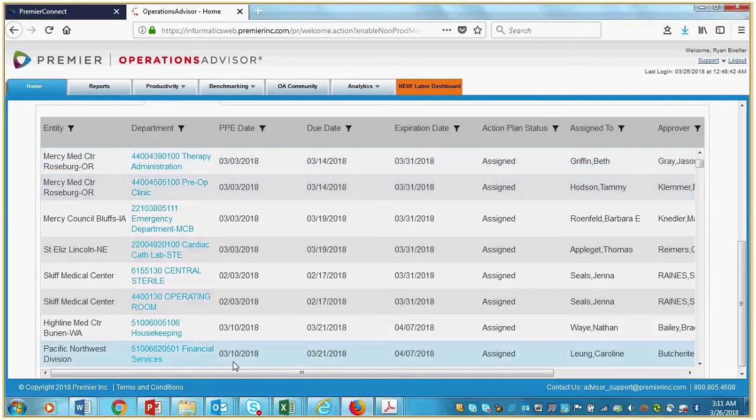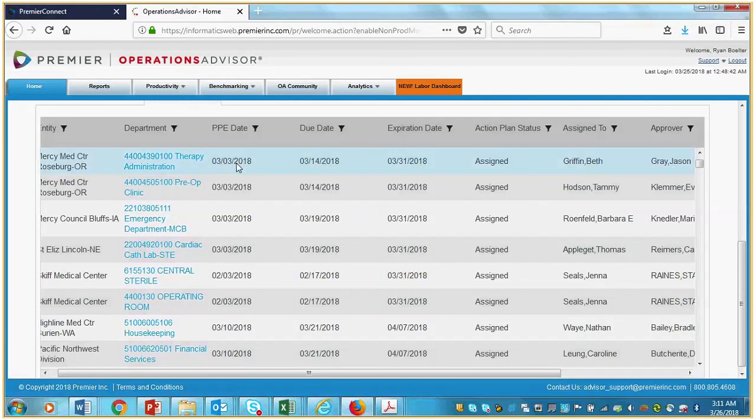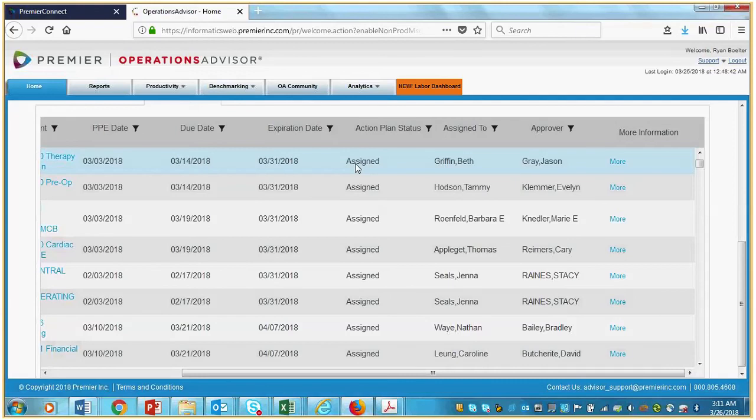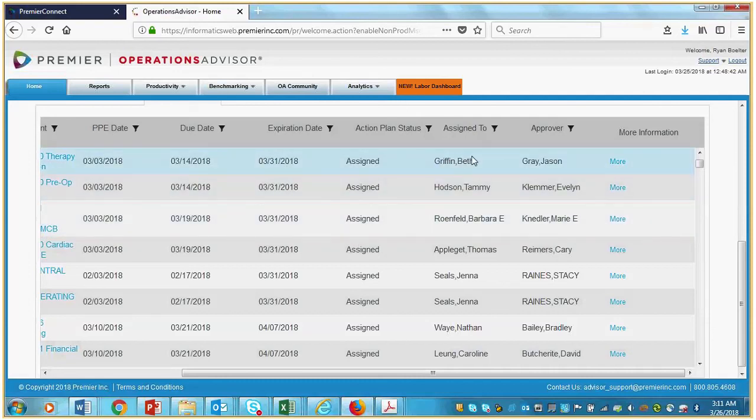So this grid will show you the department, the pay period date that this plan is associated with, and the current status, assigned or reviewed. If it's approved, it won't be in this list anymore. It will drop off. It also shows the person it's assigned to and the person that is the approver.